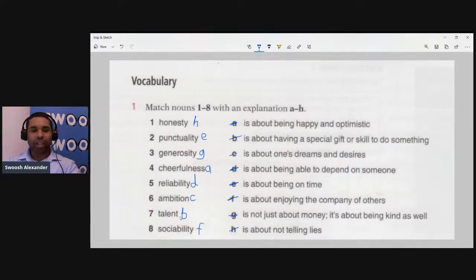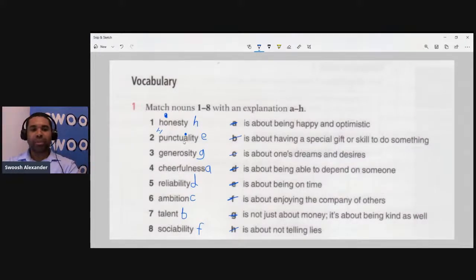So, as I say, these are useful words which can be used in either the speaking or the writing exam. If you're using them in speaking, it's important to be aware of the pronunciation as well, the stress. So honesty, the silent H, for example, there's no H in honesty, but the stress is on the first syllable. Punctuality, the stress would be on the second to last syllable, punctuality.